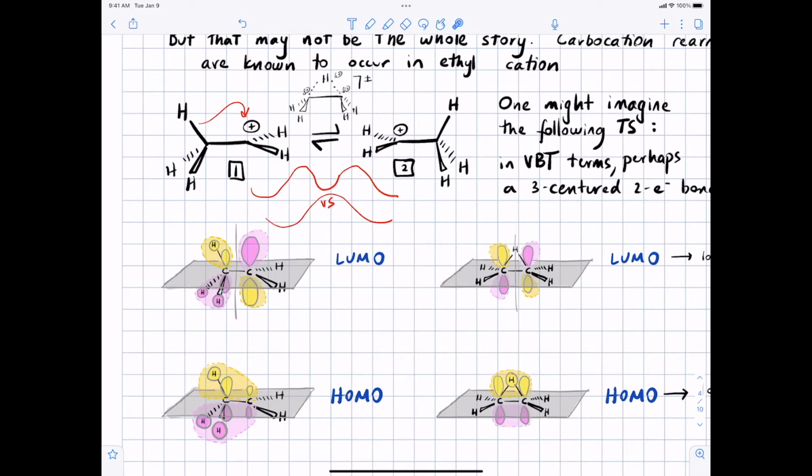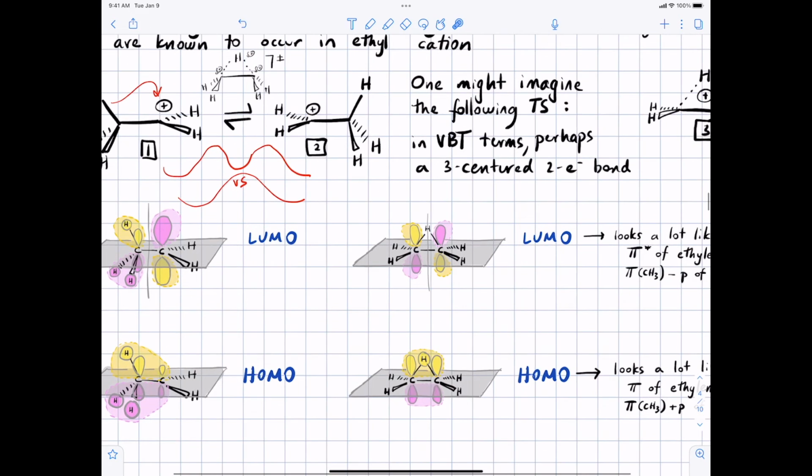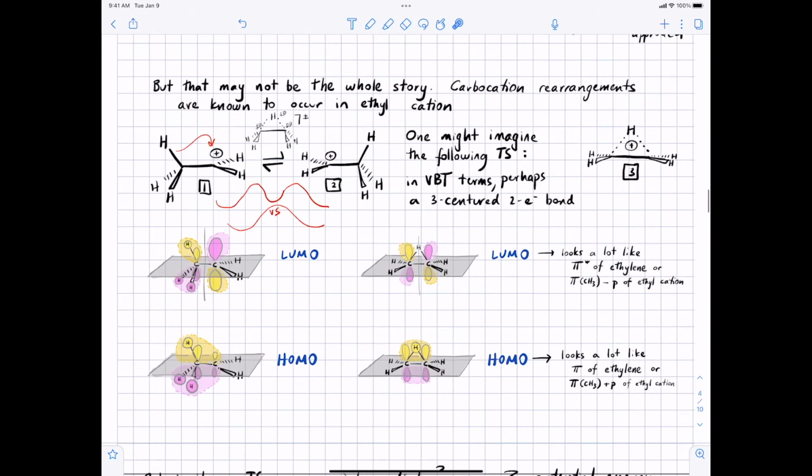It looks like two p orbitals on adjacent atoms. And then the HOMO, if you move this hydrogen over, it doesn't change the overlap, and so this starts to look very much like a pi bond. Okay? So the question is, is this arrangement an intermediate or a transition state?